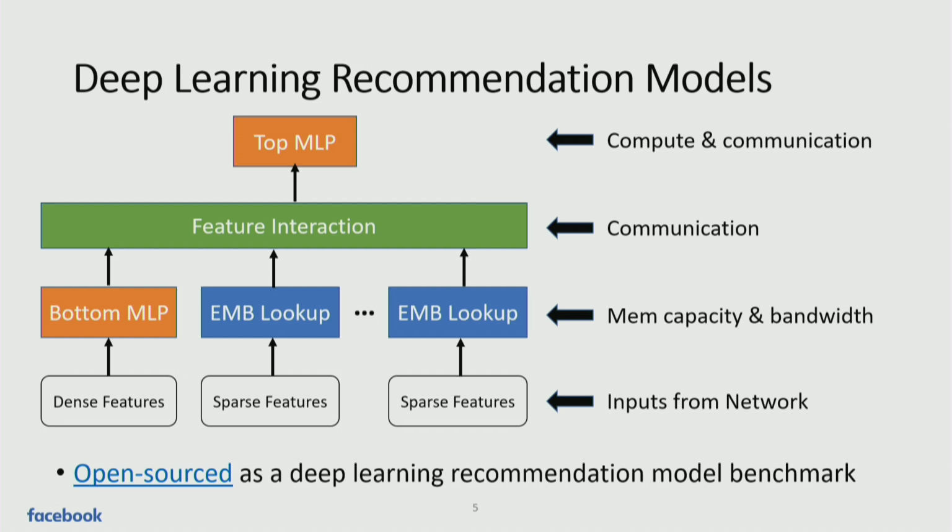Now, once those sparse and dense features are embedded, and you get the embedding vectors, which represent the information in each of those features, you perform some kind of interaction, second order or higher, between those features. You typically feed the result to some top-level neural network, maybe an MLP, which stands for multi-layer perceptron, and then you may have a sigmoid function that would compute the probability of the user interacting with that item.